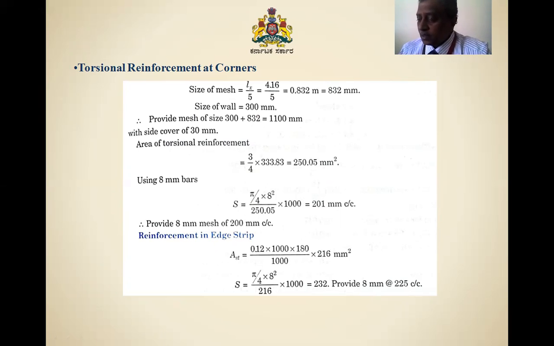So 1100 mm long bars are to be provided, 8 mm dia at 200 mm center to center, to form a mesh of 1100 mm. One mesh at the bottom and one mesh at the top is to be provided.